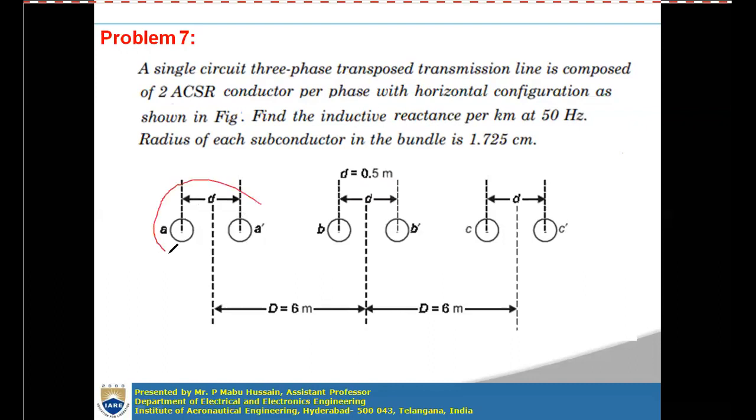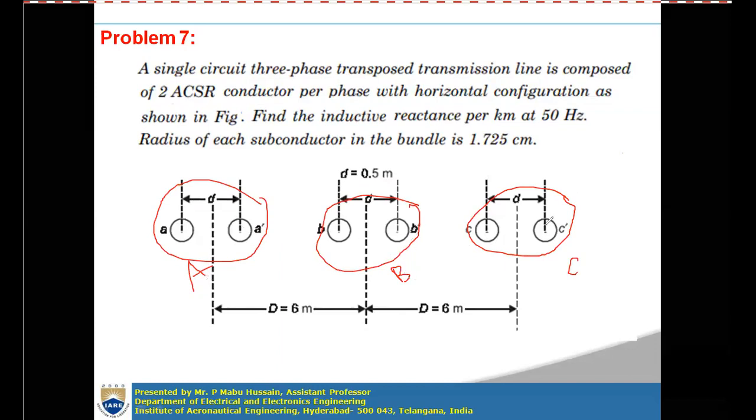This is phase A, this is another phase, phase B, and this is another phase, which is phase C. Each phase has 2 ACSR conductors. Phase A has A and A dash conductors, let us call them subconductors of phase A, and similarly B and B dash subconductors of phase B, C and C dash subconductors of phase C.